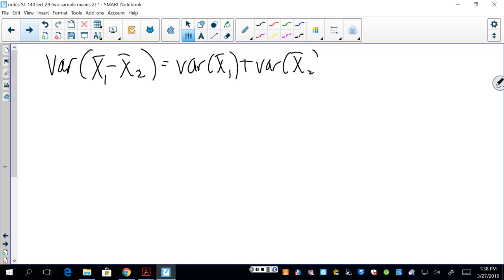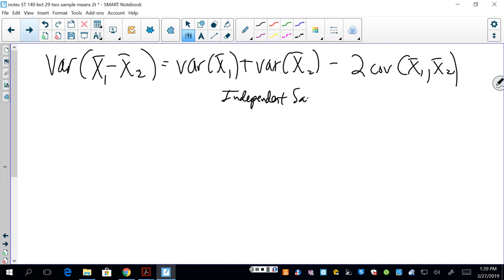Things inside of variances get squared. It's a squared deviation. Technically, there's another part here, a covariance, that would apply if x1 and x2 tended to go together. However, in this case, because of independent samples, not paired samples, right, that covariance is 0.